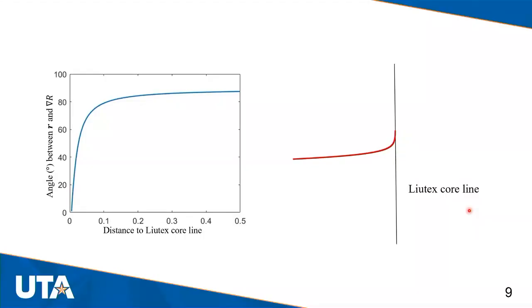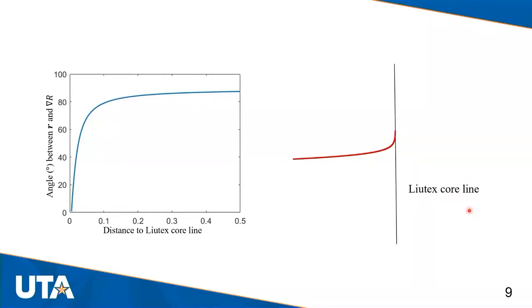And you can see if the distance is 0.1, the angle is around 80 degrees. It's still a large angle, like normal, right? The data in the left figure is from this line, the red line.